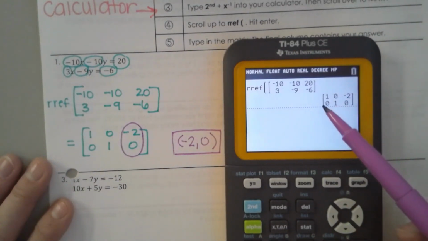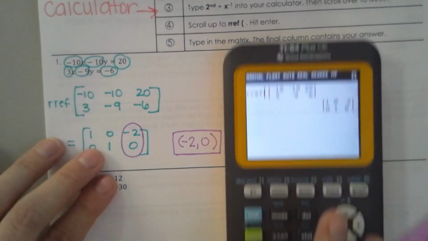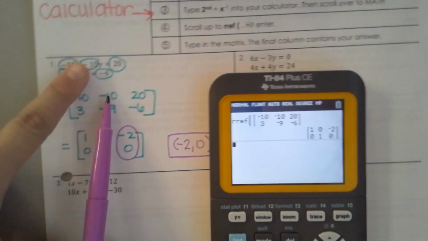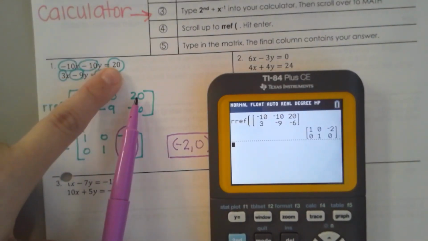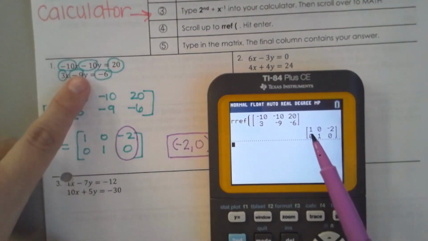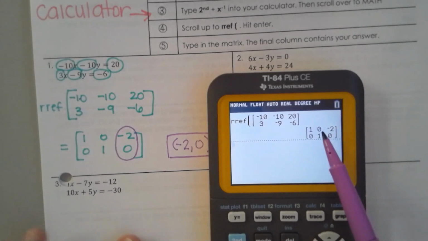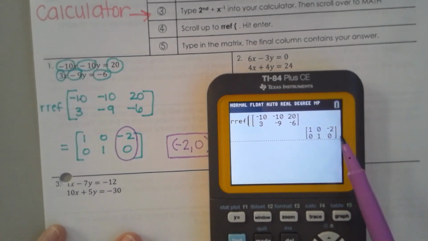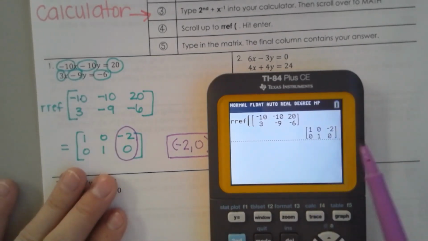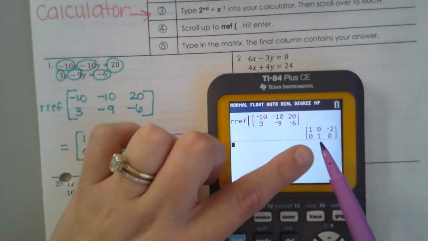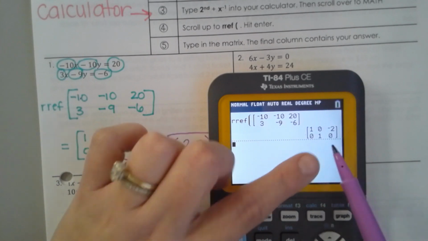This is the identity matrix. So basically we took an equation. This was the x, this was the y, this was just the number. So this means 1x plus 0y equals -2, if we kept that same format. So x equals -2. 0x plus 1y equals 0.